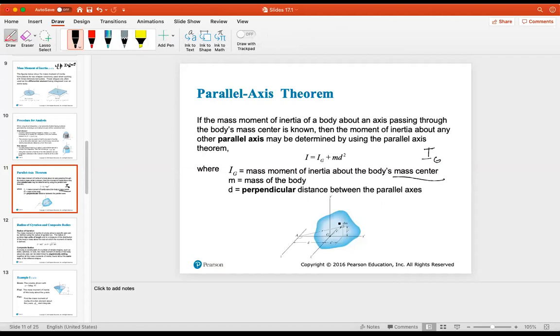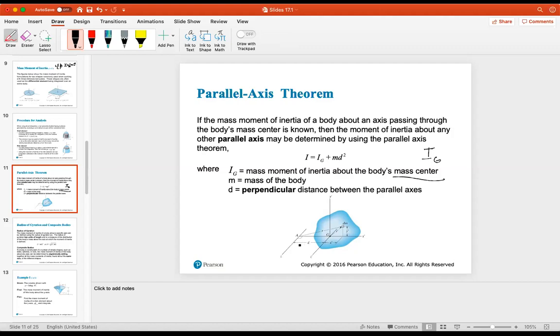So here's a situation where we have a body. This would have been maybe its moment of inertia about an axis passing through the center of mass, and then it has been slid over, and we're trying to find the moment of inertia about this new axis running parallel to the original.